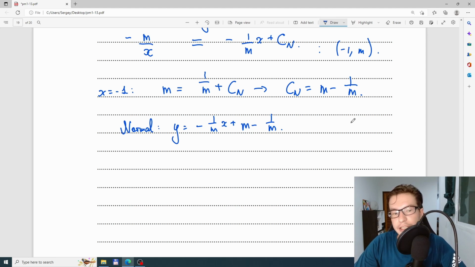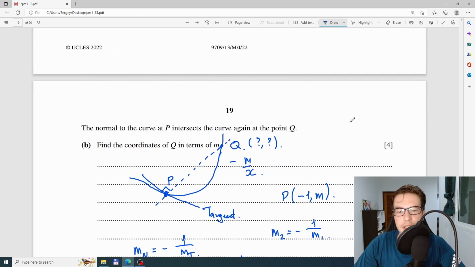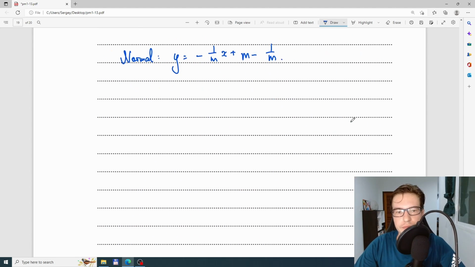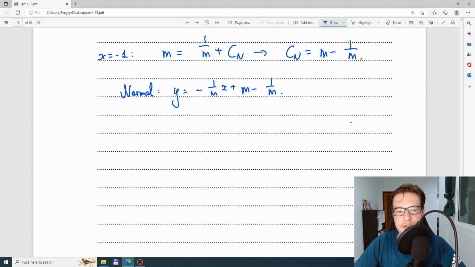Okay, when they intersect again, they share the same point. This time it's Q. So we can say that minus 1 over m x plus m minus 1 over m, that's the normal, must be equal to the curve, which is minus m over x.